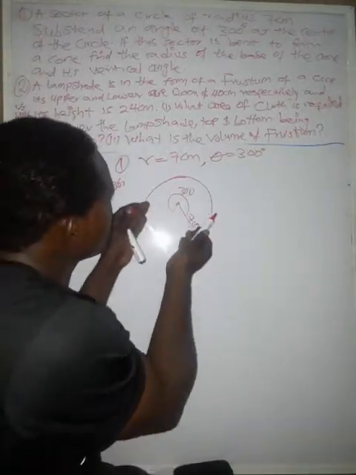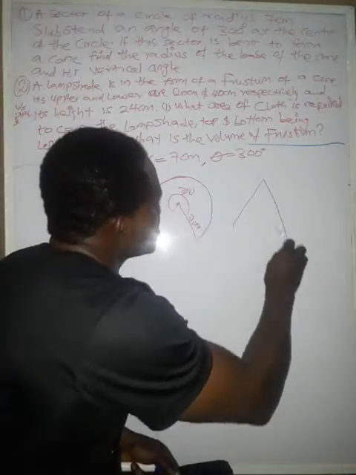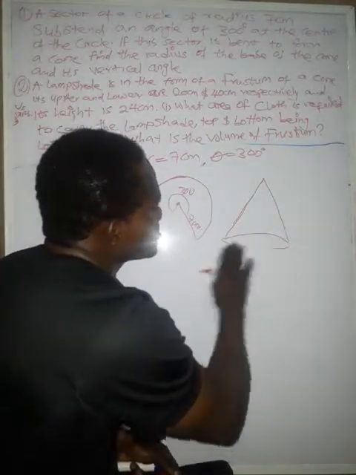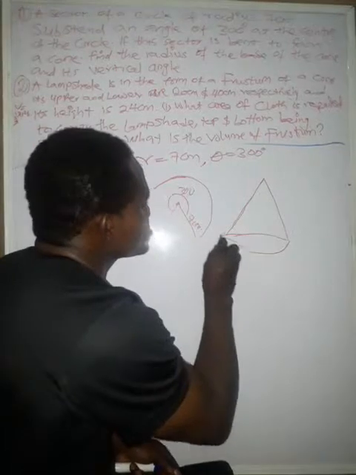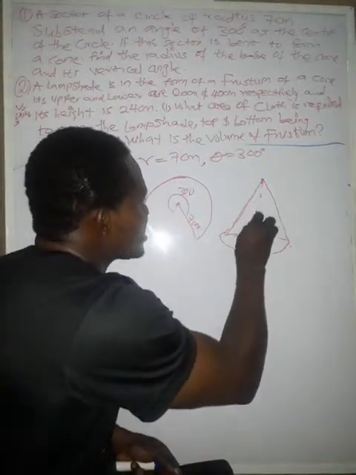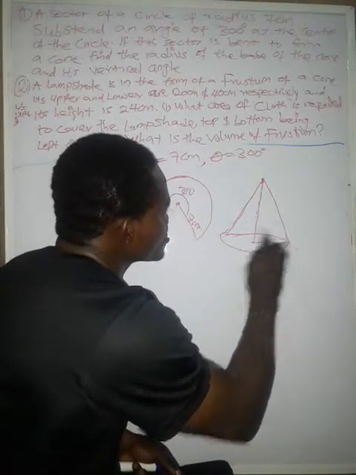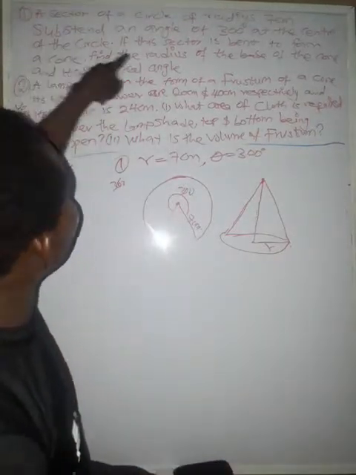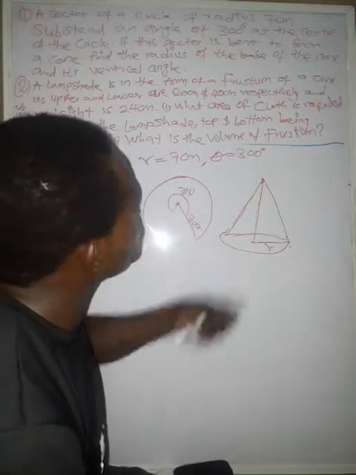Now they use this sector to form a cone. This is the vertical height of the cone, and this is the base radius r. The first question said find the radius of the base of the cone. This is the base of the cone, and we need this one.